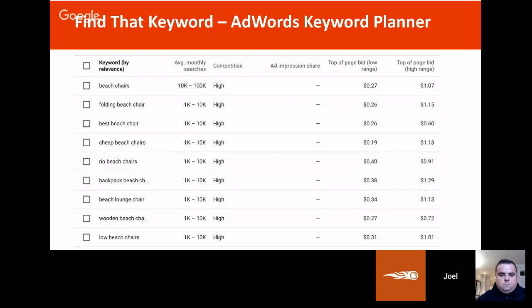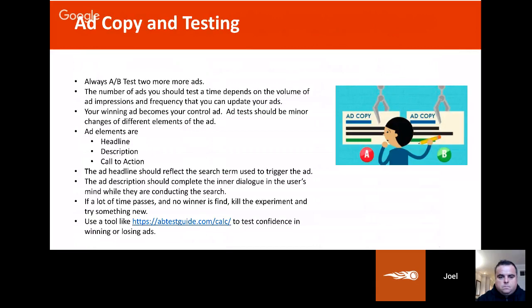Once you achieve that, you're able to get the cheapest traffic, which means you can make more money, and also you don't have to worry about your conversion rate as much to become profitable. I'm going to give some pointers about ad copy and testing.